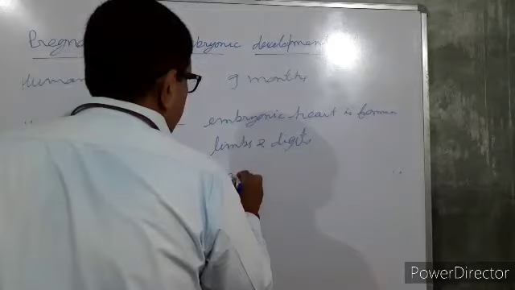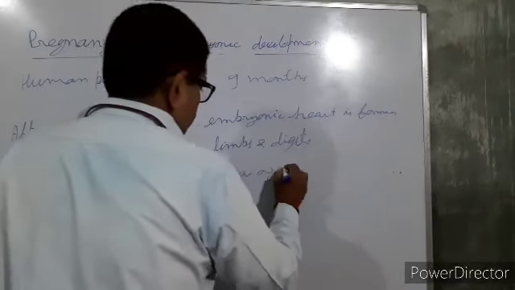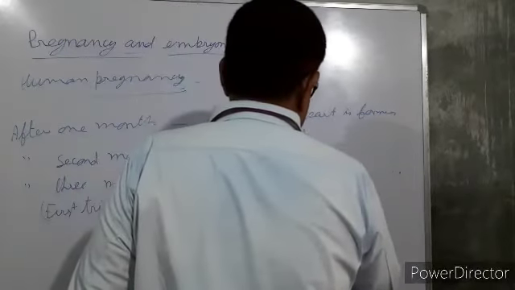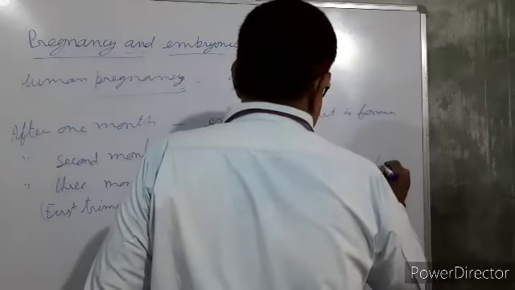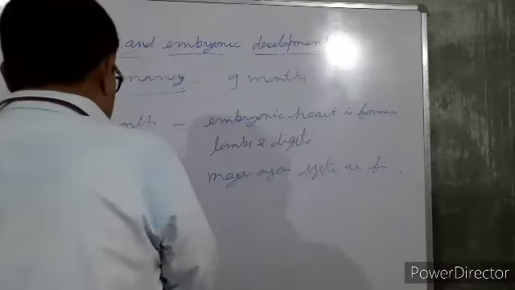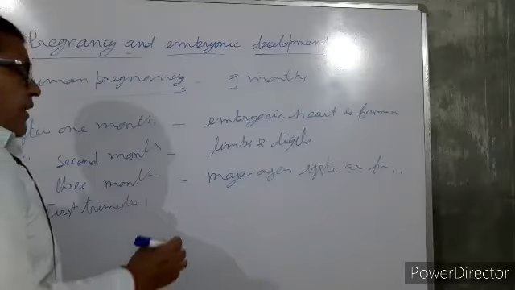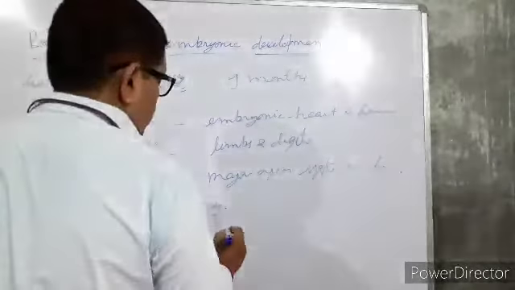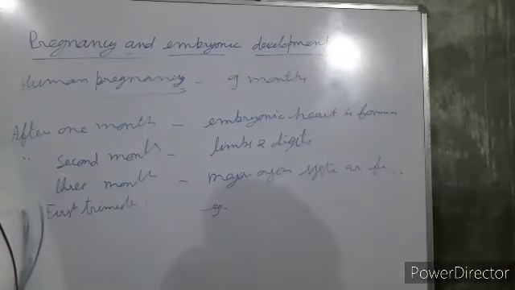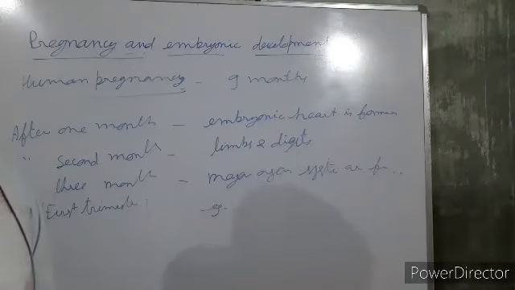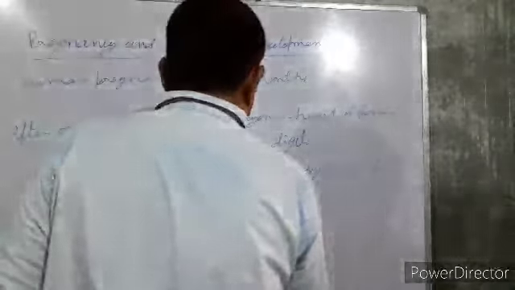Major organ systems are formed after the first trimester, such as genital organs.